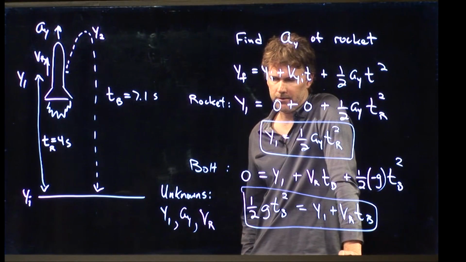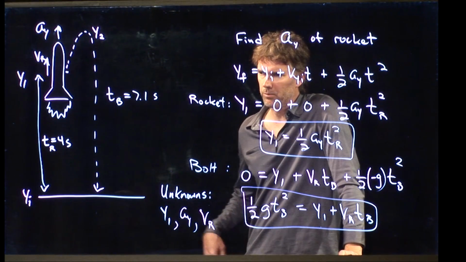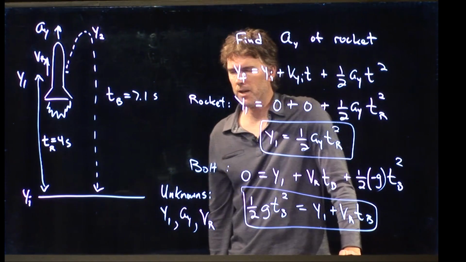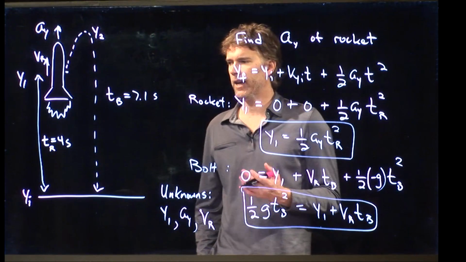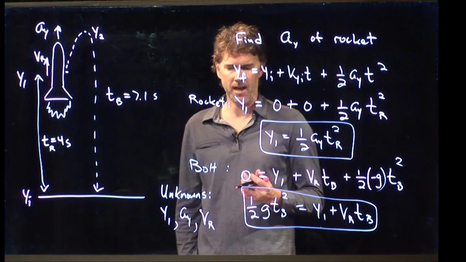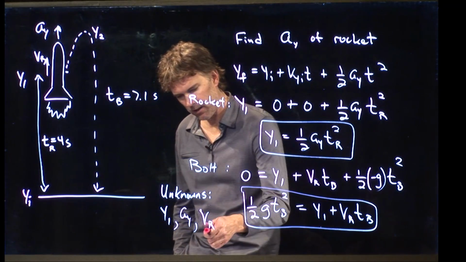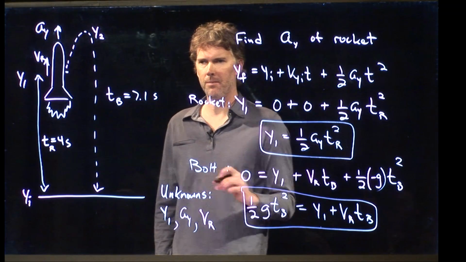Everything else we know, but that's not going to do it, is it? Because we have 3 unknowns and we only have 2 equations. And so we need one more equation to put all this together. Is there anything else that we can say about some of these quantities, particularly this v sub r right here? Is there something we can say about v sub r?